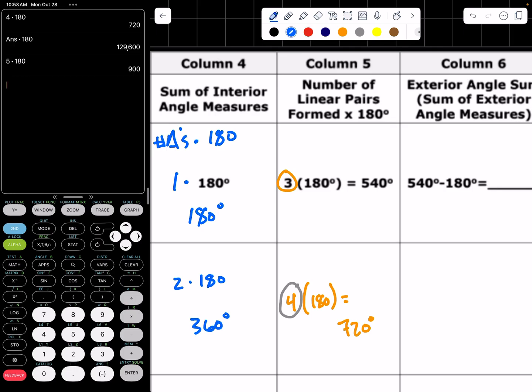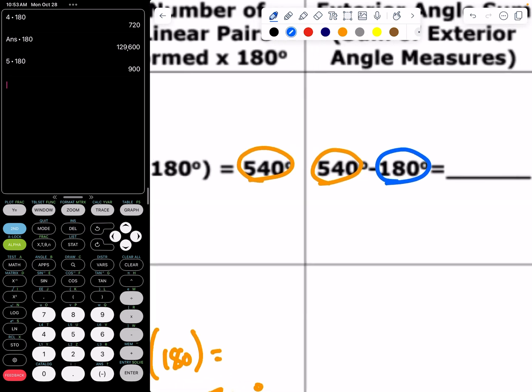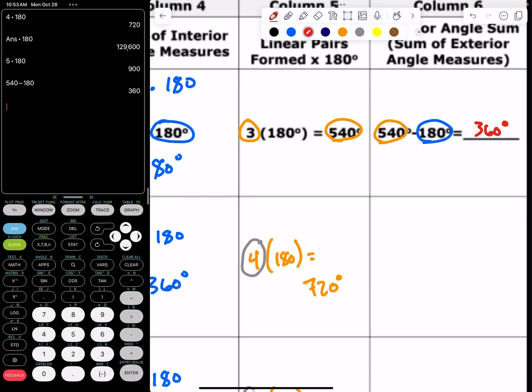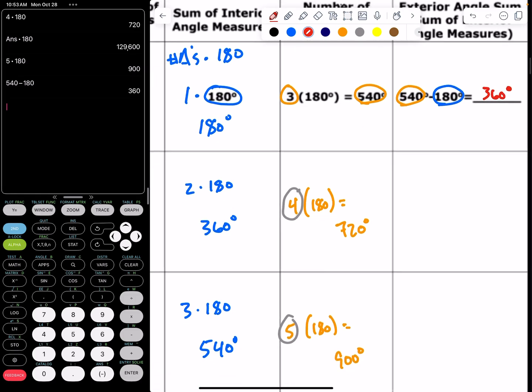So if we take a look, we've got our 180 in blue, we've got our 540 in orange. So we're going to subtract those out. 540 minus 180 equals 360. And then I'm just going to set everything up and then do all my calculations at the end.